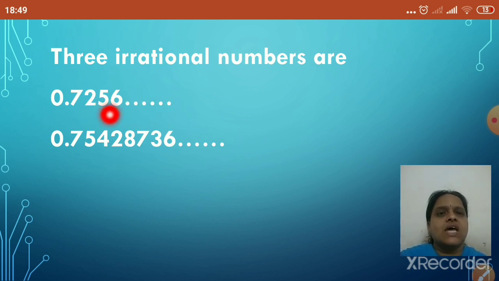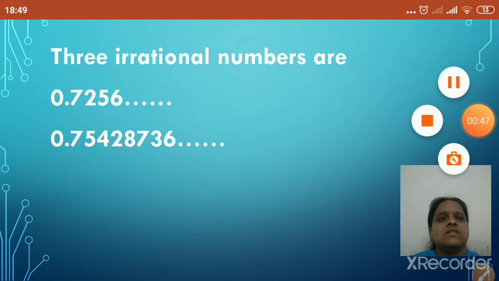I have taken 56 and dot dot dot, compulsory because it is non-terminating. The next one is 0.74283736. The first 2 digits I have taken as 0.75, and there is no repetition at all, with the dot dot dot. That means it is a non-terminating, non-recurring number.